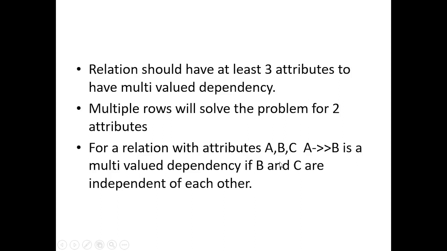So we have three attributes A, B, C, and we are defining a multi-value dependency for A and B. A multi-determines B, and B and C are independent of each other. Then only this multi-value dependency makes sense. So A multi-determines B, but there is no connection between B and C. B cannot determine C, and C cannot determine B.